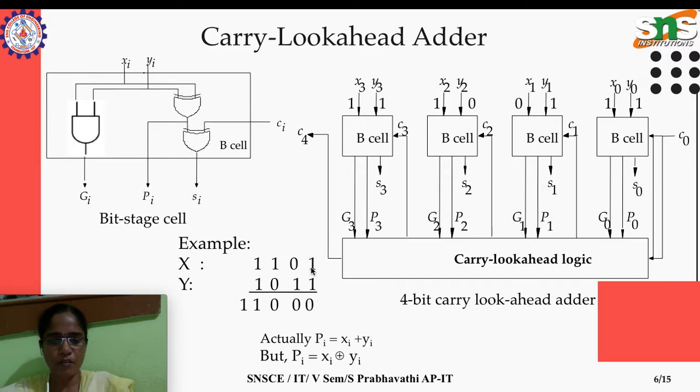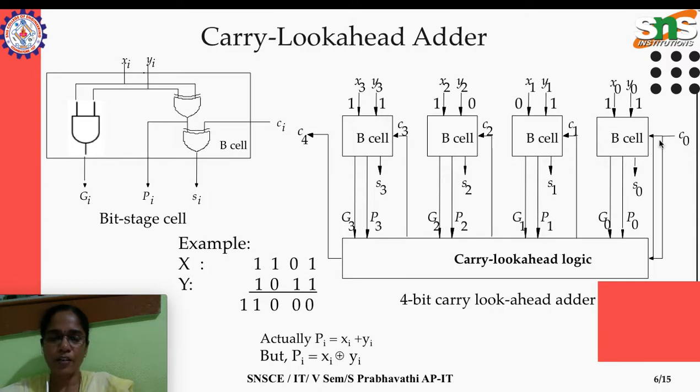Here x naught, y naught is given as an input to the first bit of the carry look ahead adder, and x1, y1 is 0 1, x2, y2 is 1 0, x3, y3 is 1 1. We are giving all the inputs in parallel, and initially c naught will be 0.